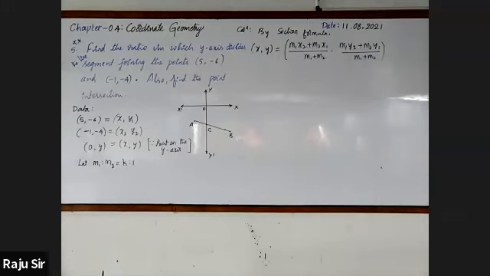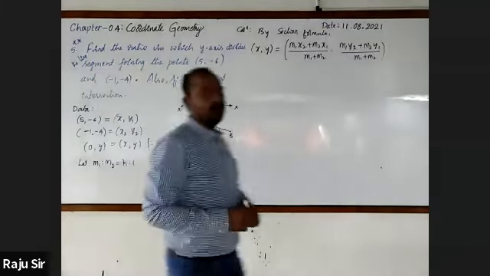Substitute yourself. First, substitute only M1 and M2, where M1 is K and M2 is 1.